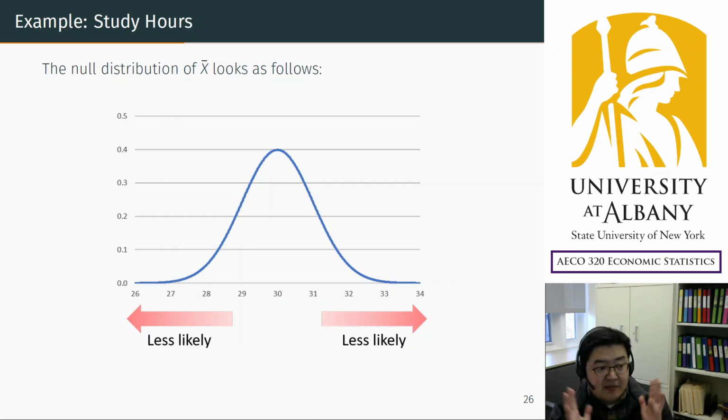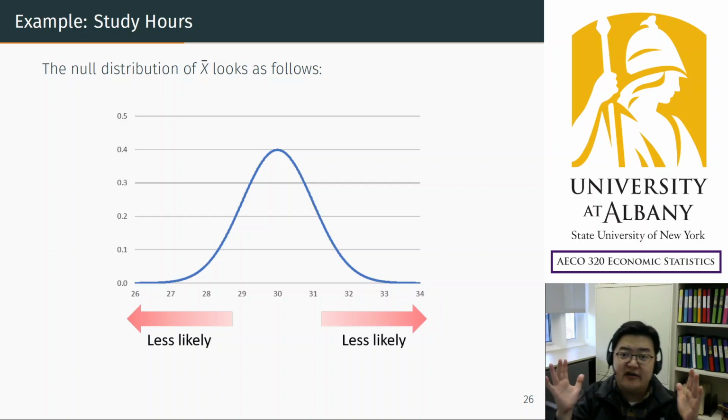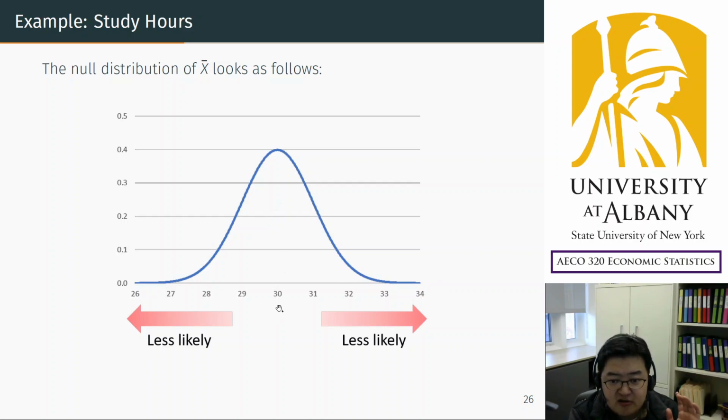So using the same idea, I'm going to rank them from the outside in, right? The most outside values are the most unlikely outcomes. And then as it moves toward the center, which is 30, 30 is the least suspicious observation.